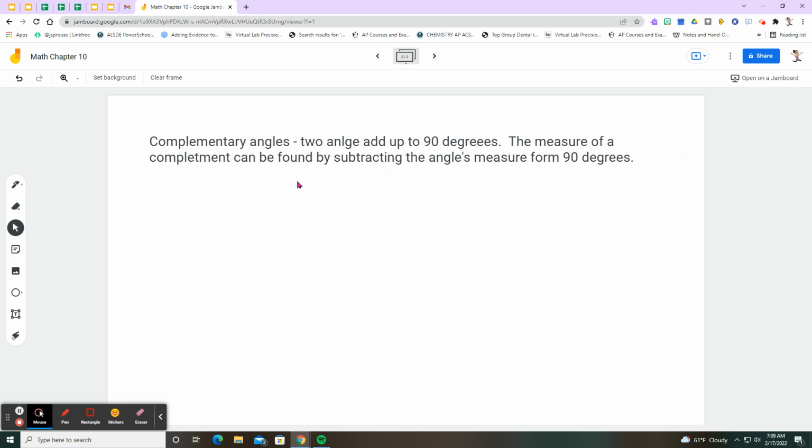So let's look at an example with that. So example 2 says use figure 10.8 in your book. This is on page 618, so you'll need to have your book out. Page 618. You have this angle, and I'll try to draw it, but I don't know if I can.